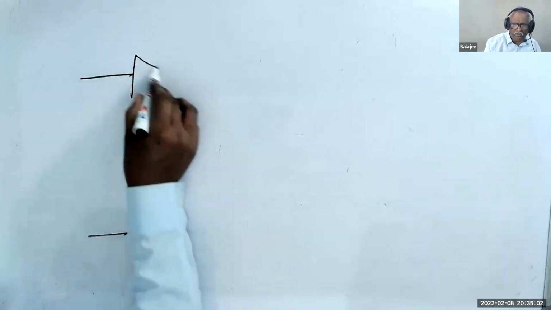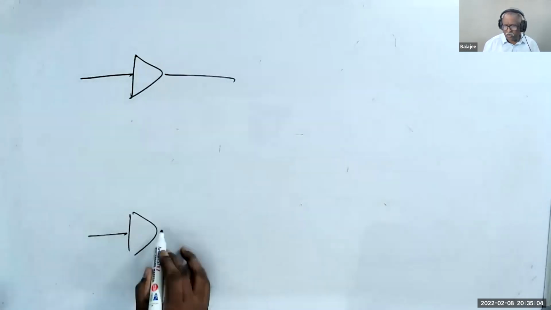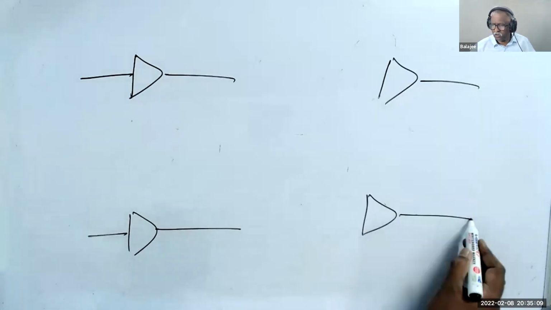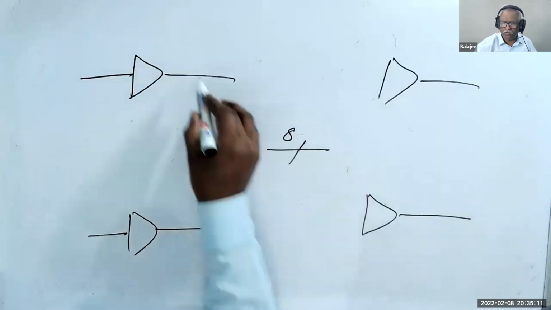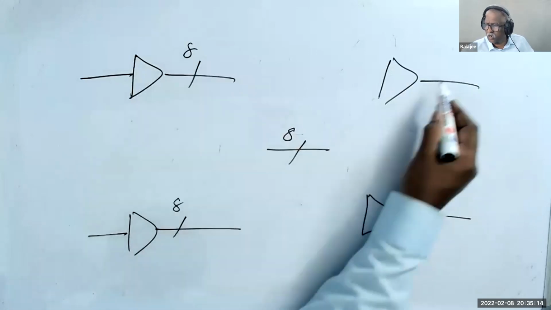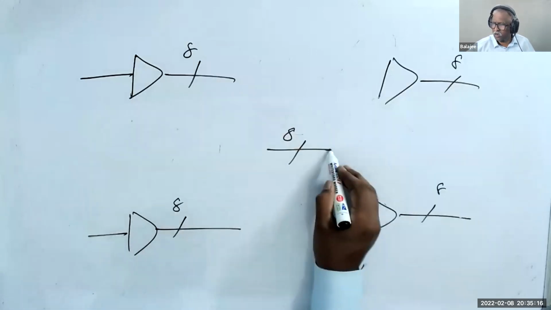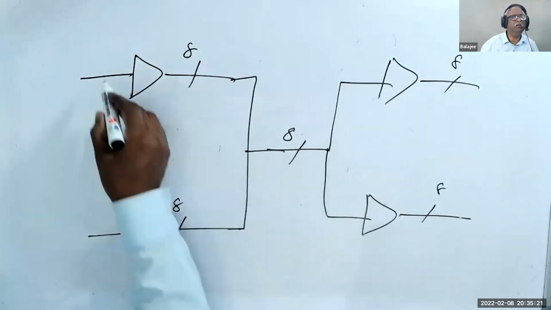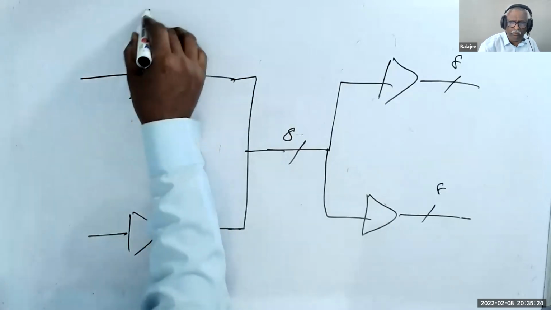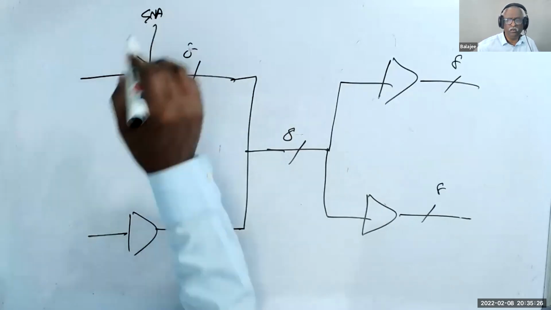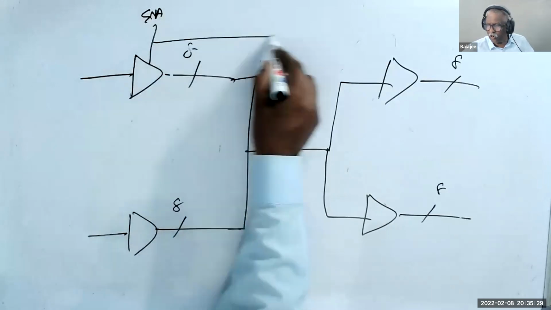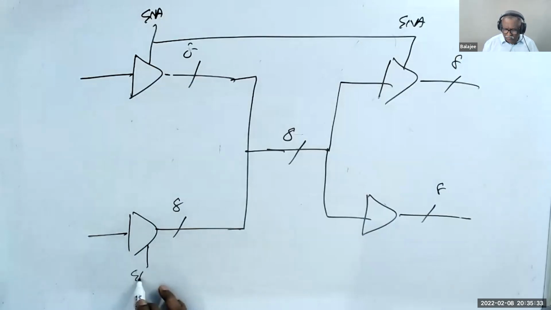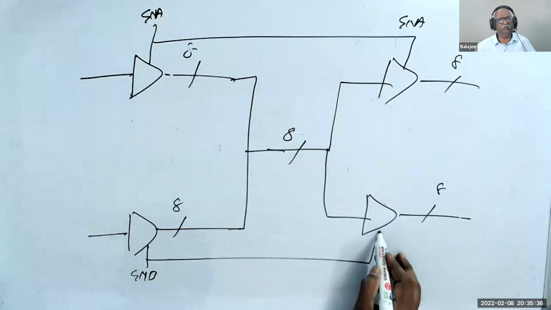I have a tri-state. I have a tri-state. I have an 8. See here, this is called enable A. And this signal is going to connect to this guy also. And this is enable B. This guy is also connected to this one.